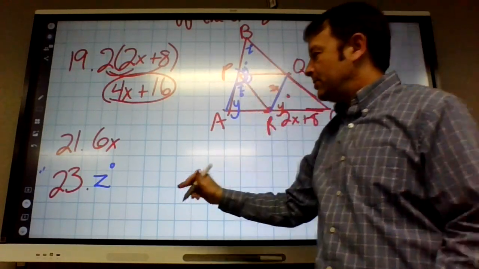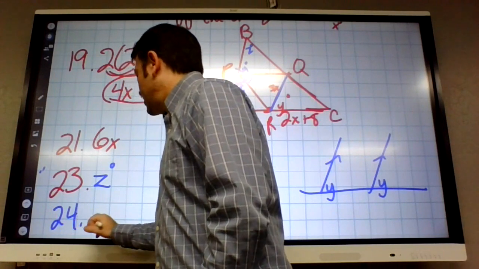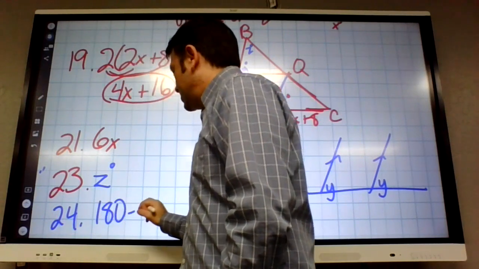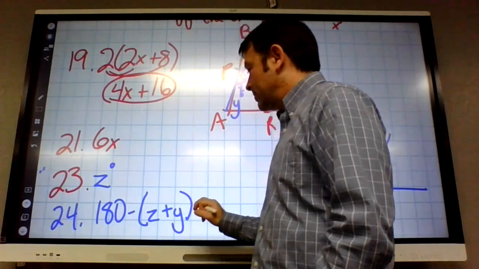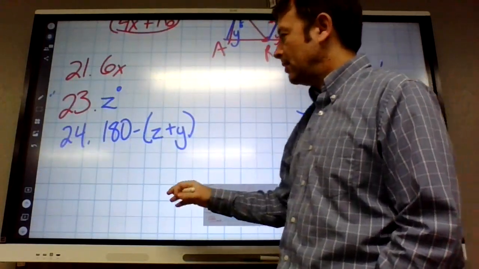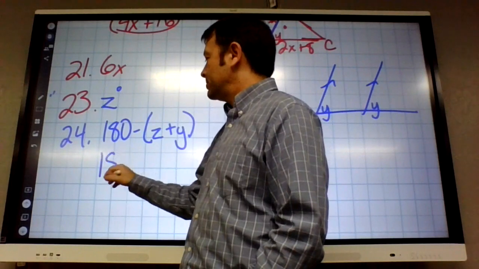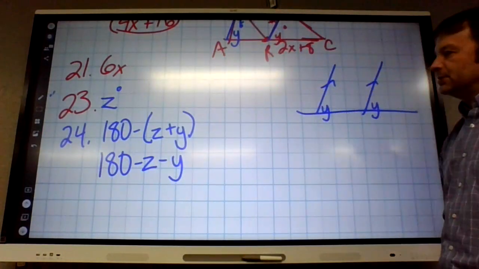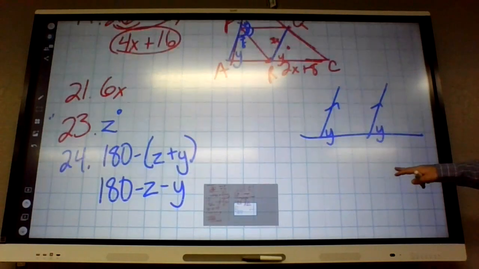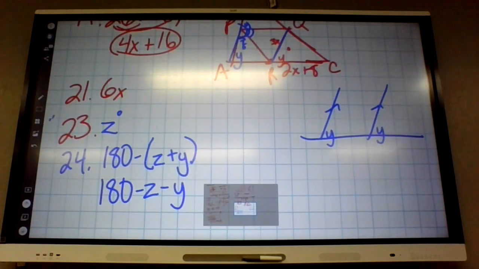So one way you could write it is 180 minus parentheses Z plus Y. Or the other way to write it is distribute the minus: 180 minus Z minus Y.